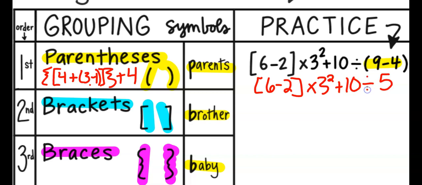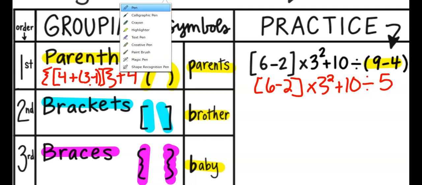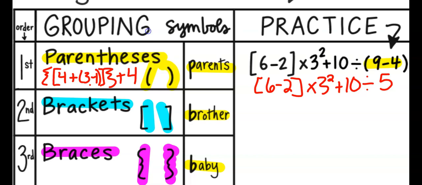Now I'm going to do what's in the brackets, which is 6 minus 2. 6 minus 2 is 4. I'm going to rewrite and bring everything else down to make an inverted triangle here.